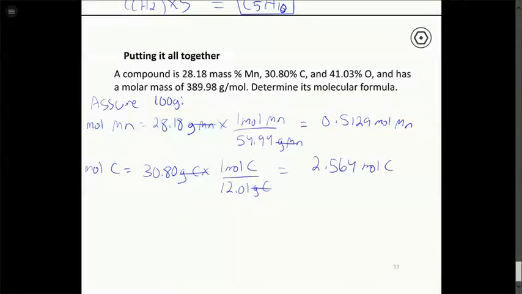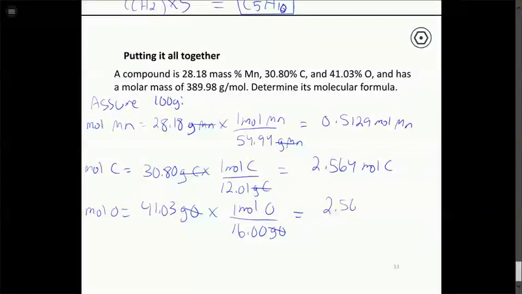And then finally for oxygen, the last percentage is 41.03, so 41.03 grams of oxygen. 1 mole of oxygen has a mass of 16.00. And that gets us to the same amount, 2.564 moles of oxygen.